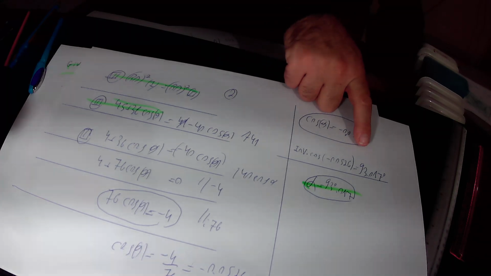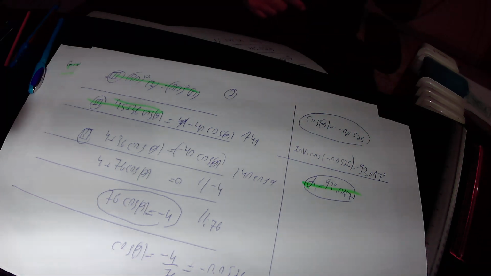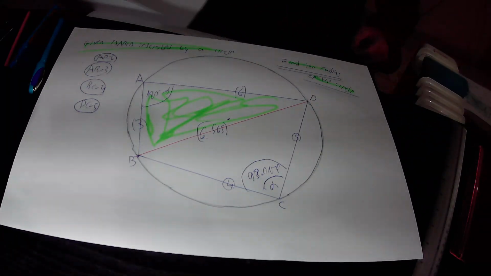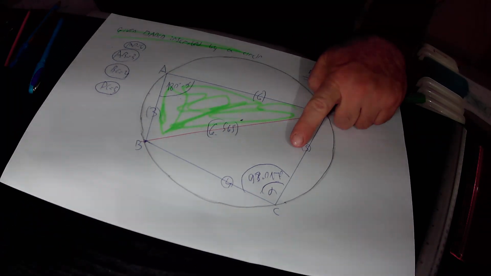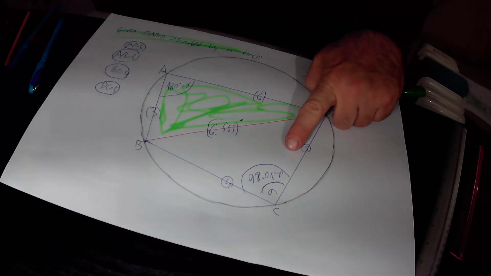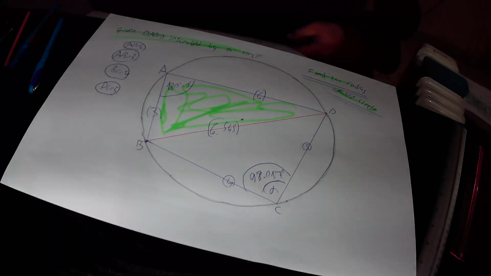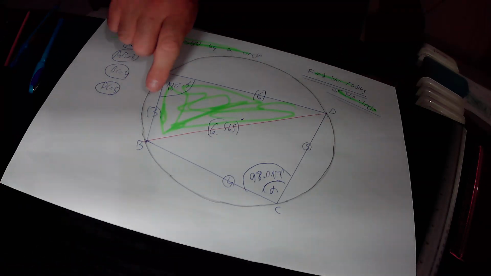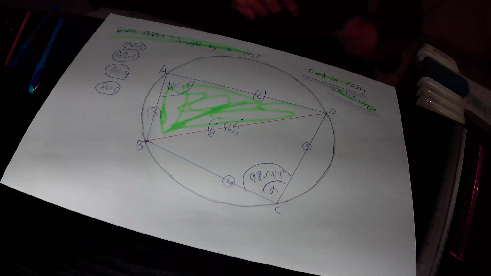So alpha equals 93.017 degrees in size. And again, this is alpha, which equals 93.017 degrees. So in the next step, we implement the law of sines in this triangle BDC.